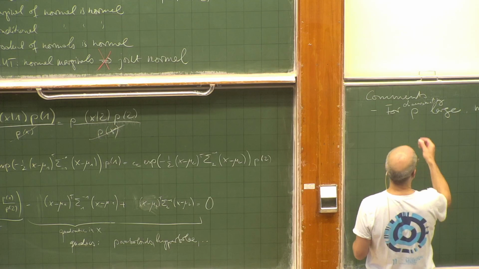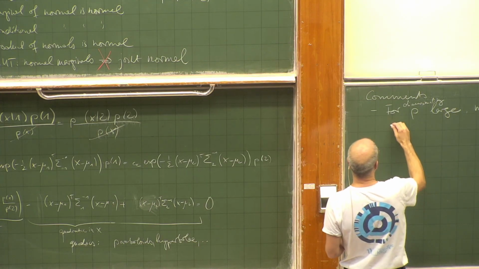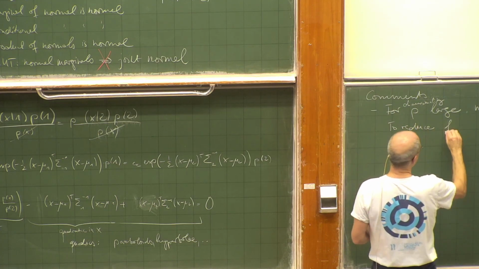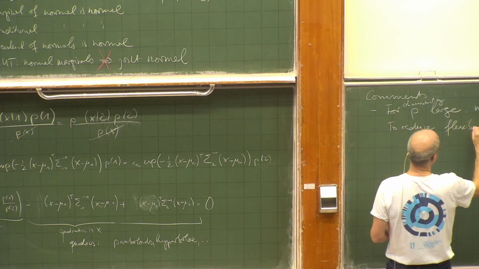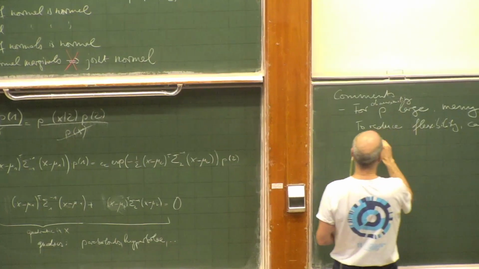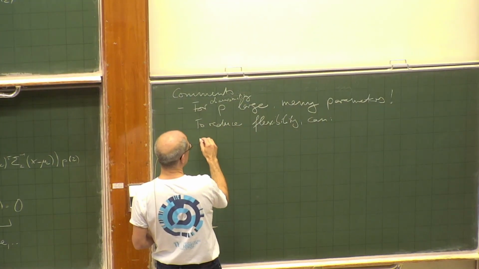So, too many parameters. So what we can do to reduce flexibility is, okay, now we can do a laundry list of things we could do.